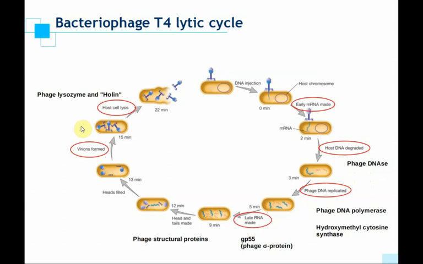And that requires the expression, once again, of phage lysozyme and a holin protein. So the holin will form pores in the plasma membrane. The lysozyme goes out of these pores and will destroy the peptidoglycan. Okay, so that's how it works.